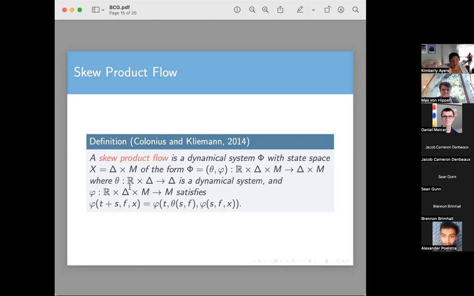The other system is looking back at that first system to get information and update. So delta was, again, that function space from before, and that does its own thing, right? That's just the switching. It doesn't need any additional information. It just runs and does its thing. M here is going to be what happens in the real world. But M is always looking back to delta for information.